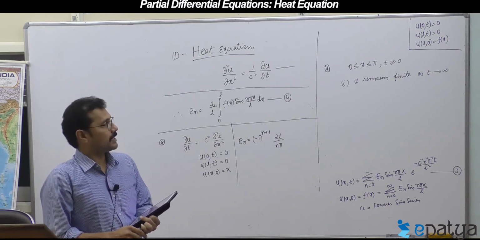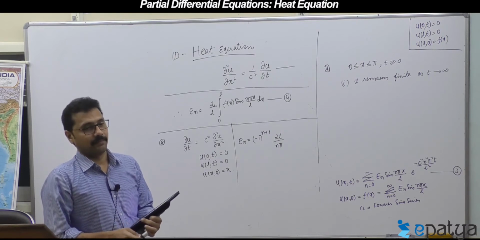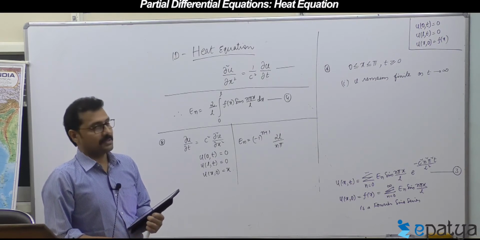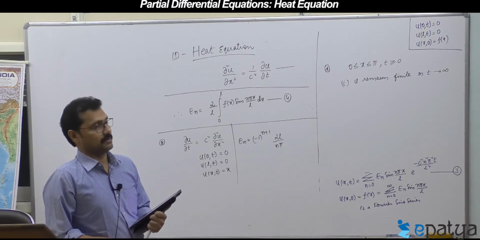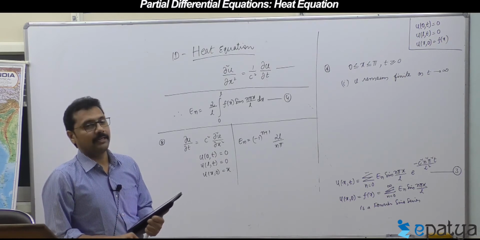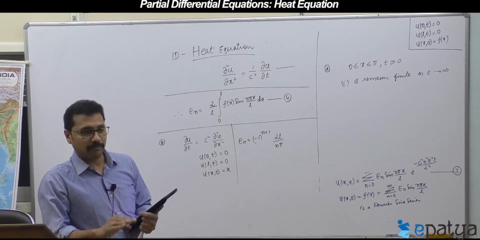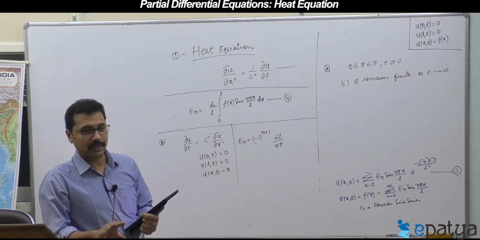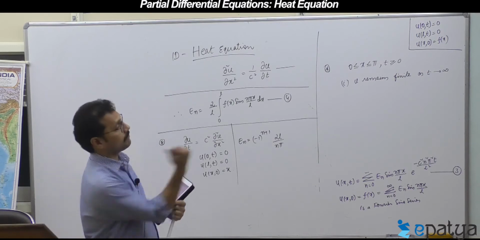U remains finite as t tends to infinity. It doesn't depend on x. When we talk about t going to infinity, u has to remain finite. It happens only in the case of case 3, not case 2. Case 2 is directly invalid. That's what it's saying.